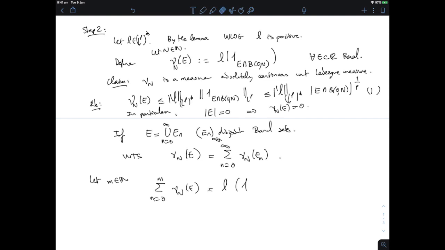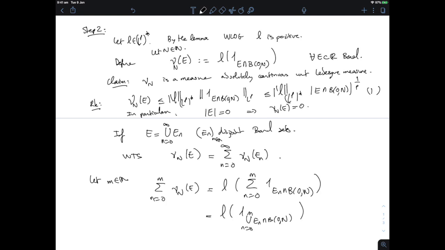Well, this is L of a sum of indicator functions, by linearity of L: the indicator functions of E_n intersected with the ball B(0, N). And since the E_n are disjoint, the sum of indicator functions is L of the indicator of the union of these sets, by disjointness and properties of indicator functions.